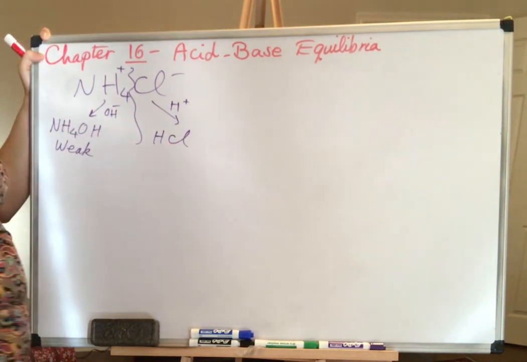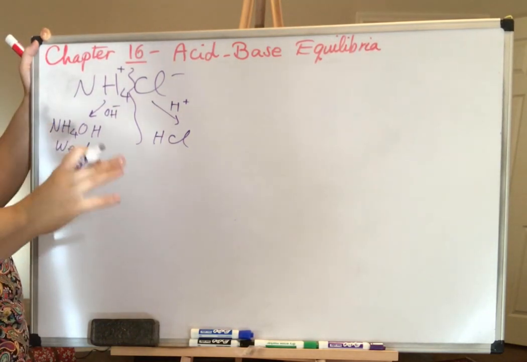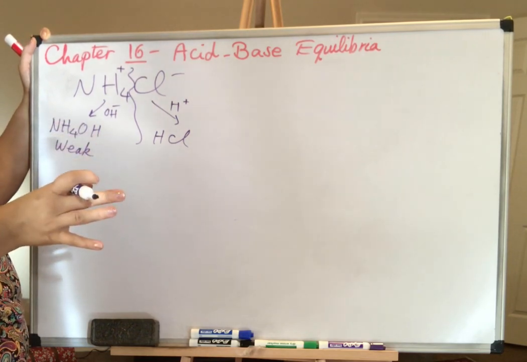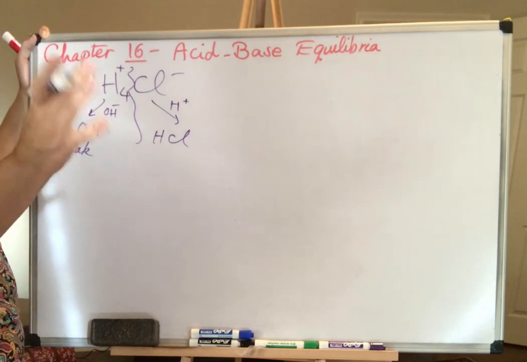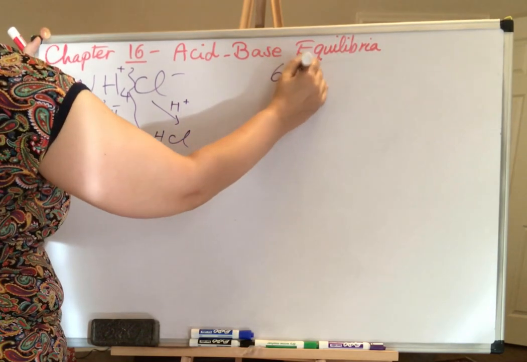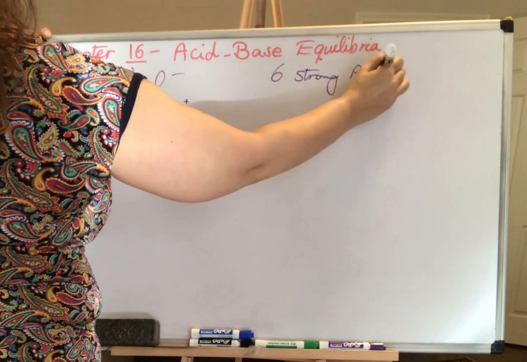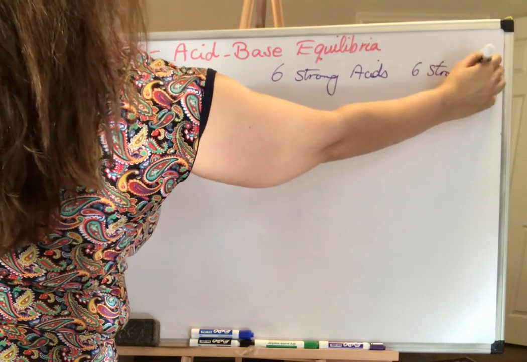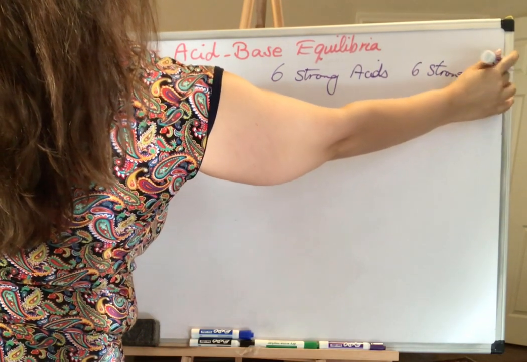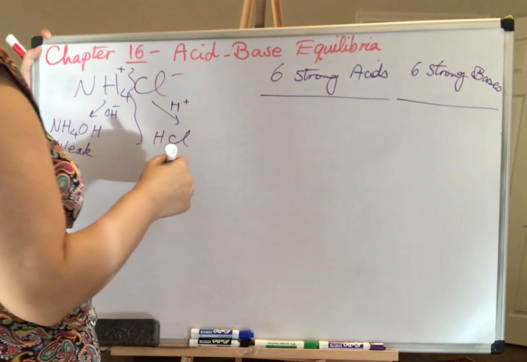If you go back to your book, you had it in Chem 1 when we talked about acids and bases. You had the Bronsted and Lowry. Go and check the list of strong acids and strong bases. You have 6 strong acids and 6 strong bases, if I'm not wrong, but please check it with your book again.